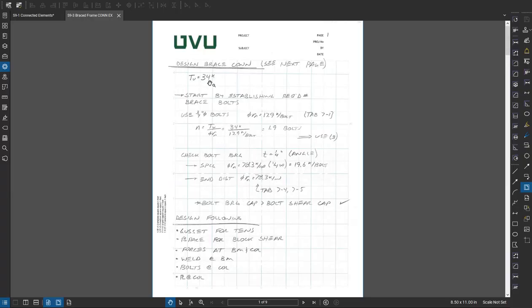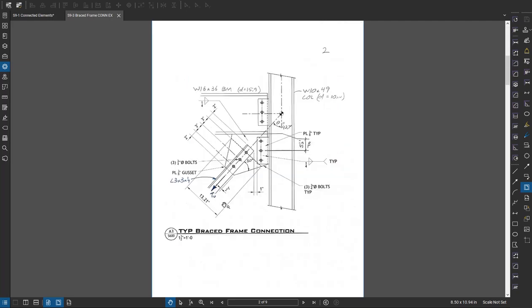That force would come from an analysis model or my hand calculations. And then I take my bolt strength in shear, divide that into my force, and I get 1.9 bolts. I like to match the number of bolts to the angle leg size. So if this is a 3-inch leg, I like to use at least 3, 4-inch leg, 4, etc.